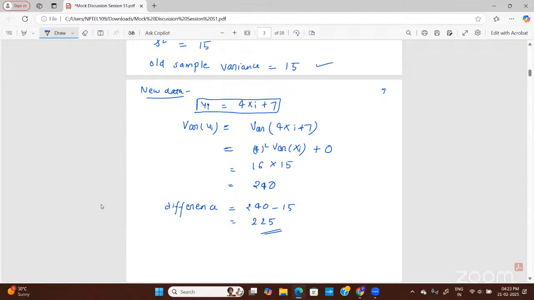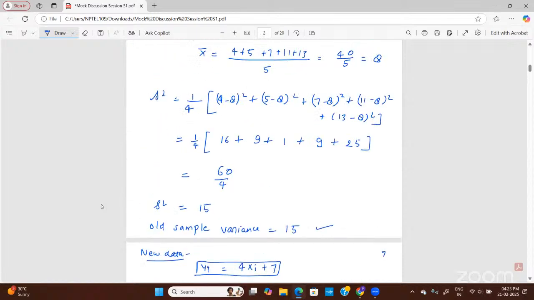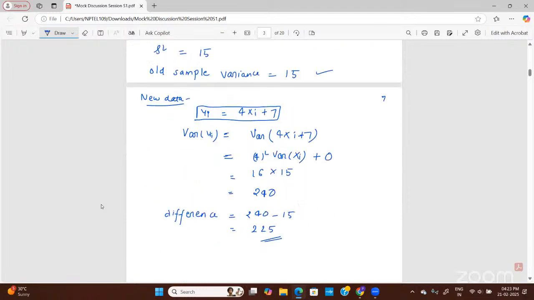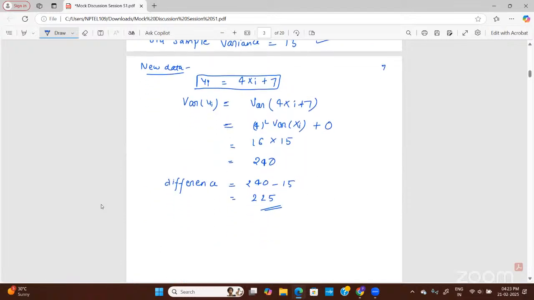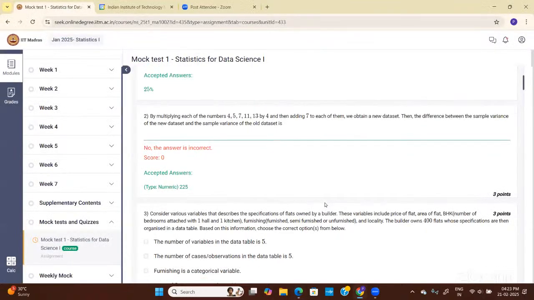But if you are adding something, that does not affect the variance. This is a result that we have directly used here. You don't need to find the sample variance of the new data set in this way. You can just directly use this result and you will get the answer. We just have to multiply by 16 and take the difference.